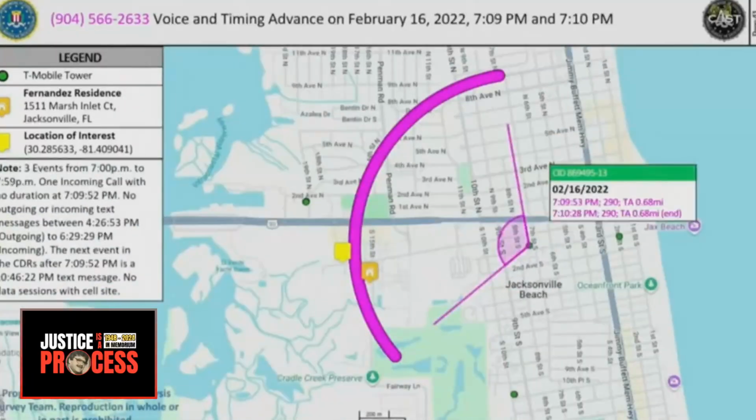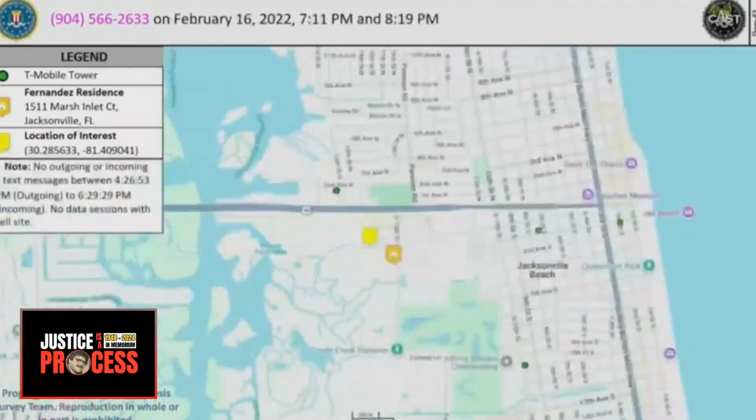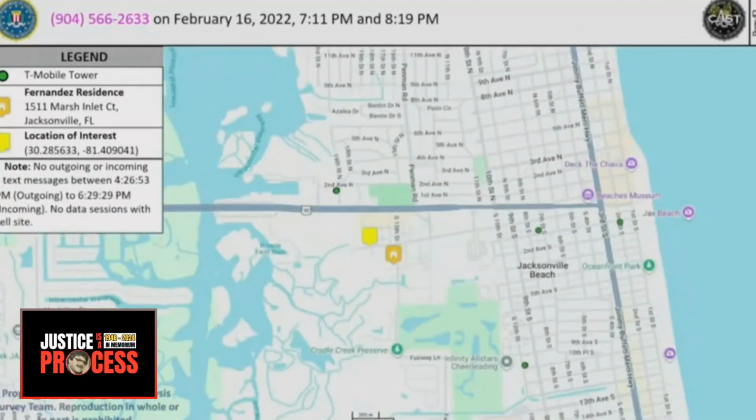So from the time frame between 10:28 p.m. and our next slide, 8:20 p.m., can you draw any conclusions about the location of these devices? So no, in the absence of location information, I can't show the location of the phone.